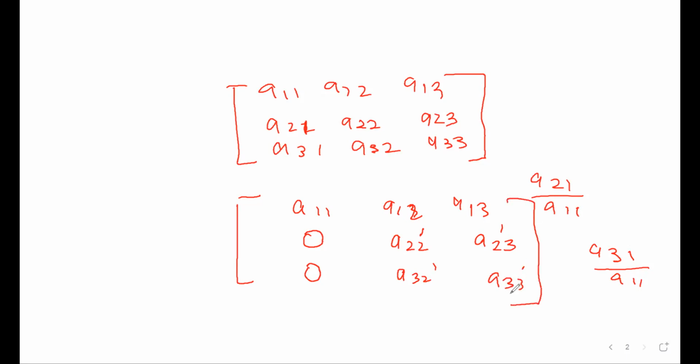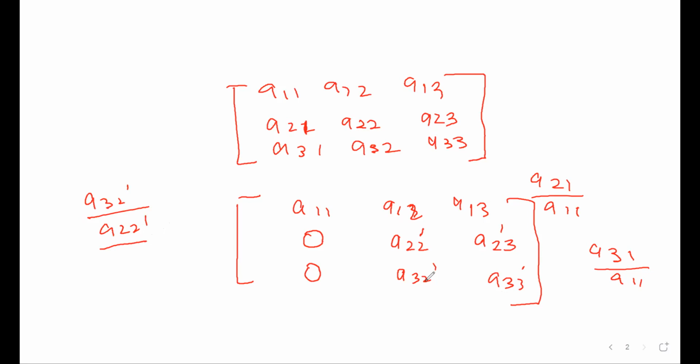The second stage is what? You have to eliminate the second variable from the third row, using the modified second row. In that case, your multiplier can be A32 divided by A22 prime. You multiply the modified second row with this multiplier, and you subtract it from the new third row.